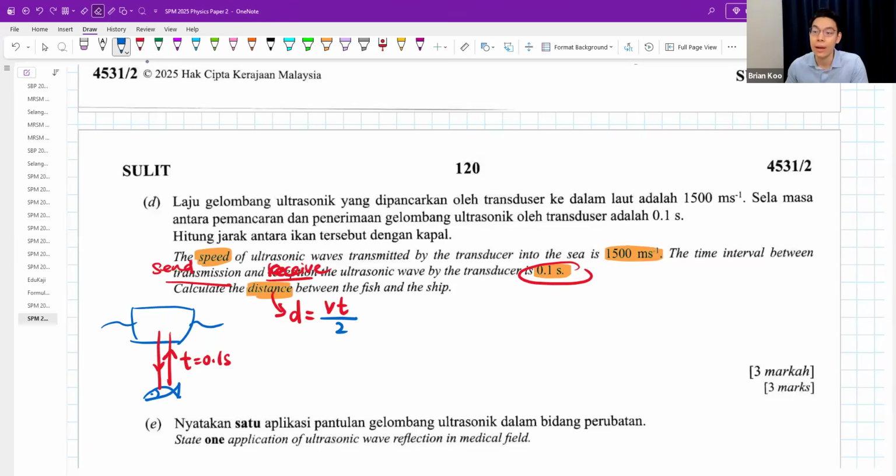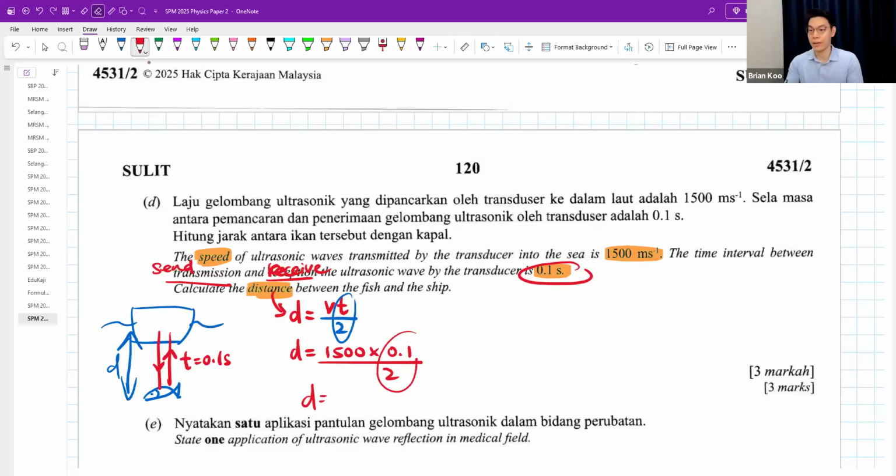The time you need to divide by 2. So that's why we use this formula. Distance is speed times time, but the time we will divide by 2. How come? Because the time is the total time to go and come back, but now I only want the distance, small letter d like this. So the answer is 1005 multiplied by 0.1, just that the time I need to divide by 2. Then you get the answer already.